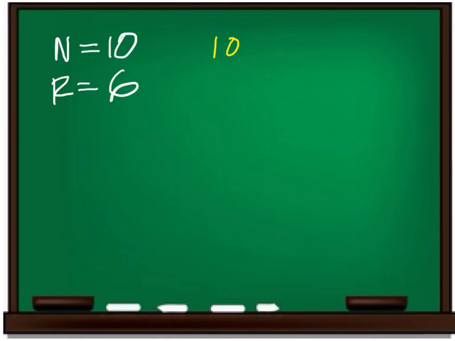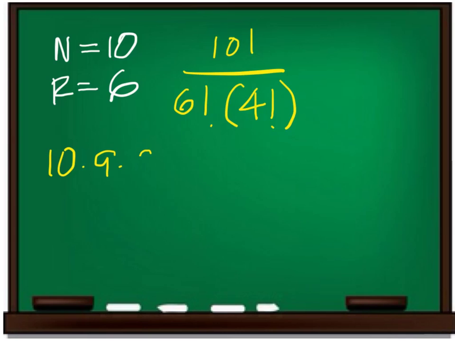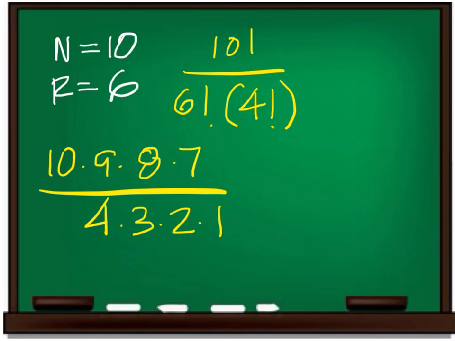Alright, you should have 10 factorial over 6 factorial times 4 factorial. That's what it dwindles down to from 10 minus 6. So with a shortcut, you should have 10, 9, 8, and 7 on the top. On the bottom, 4, 3, 2, and 1.